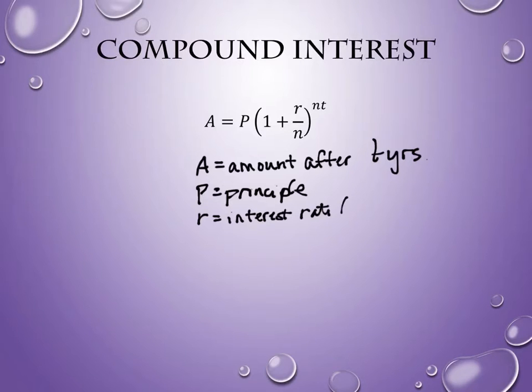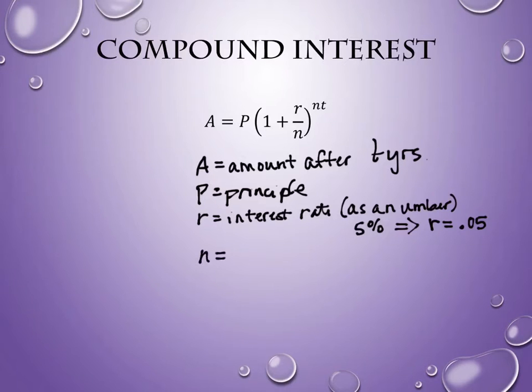That one you have to be a little bit careful of because it needs to be as a number. So what do I mean by that? Well, it means like if you had, let's say, 5% interest rate, this would mean that R equals 0.05, right? The decimal expansion that goes along with the percentage.